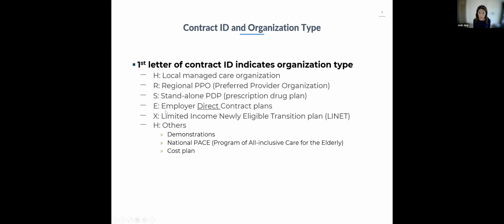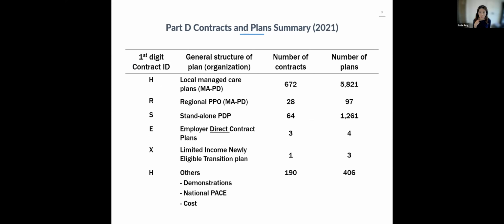This is a very small segment, and there is another type of employer-sponsored plans, different from employer direct contract plans, which we'll cover pretty soon. Now you can see that the number of plans should always be greater than or equal to the number of contracts when you select this first digit of contract IDs. We have only 3 employer direct contracts, and the number of plans is 4.